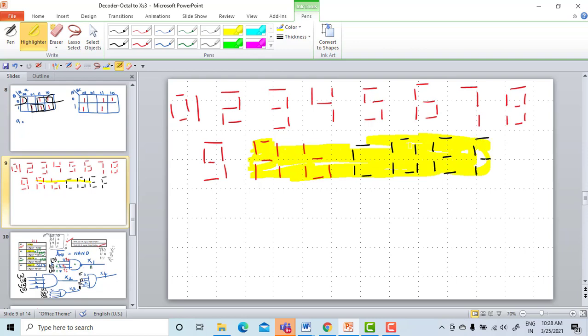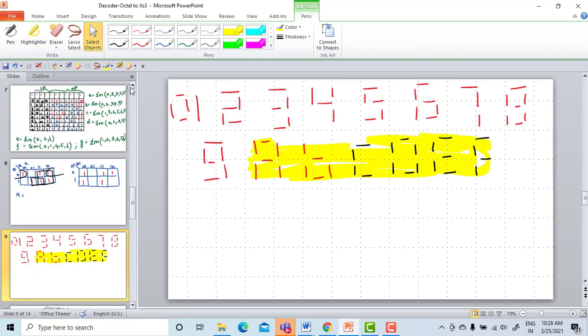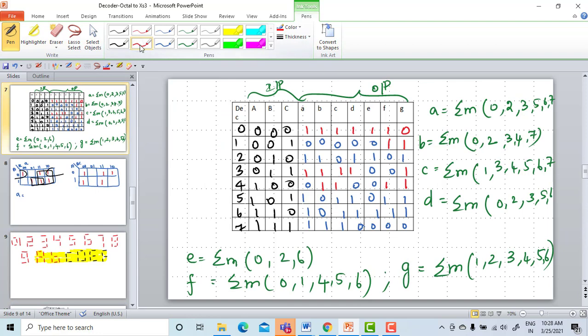So here we can even take in the table, see, from 8 to 15 they are don't care conditions. These don't care conditions can be used for simplifying your given logical min-term expressions.